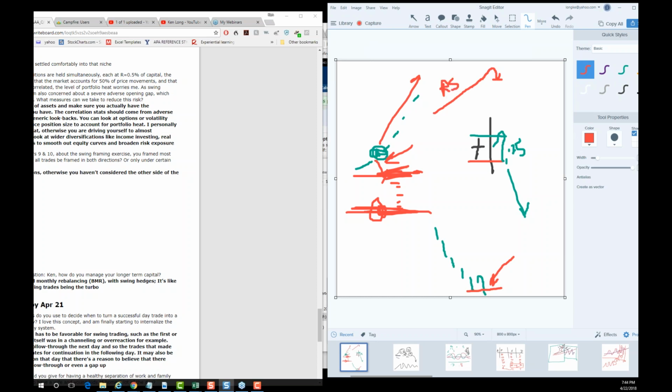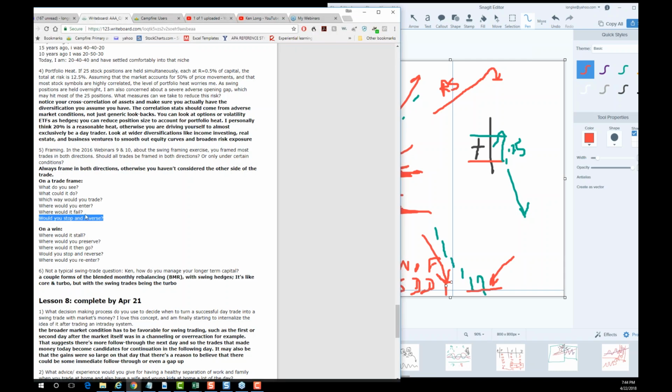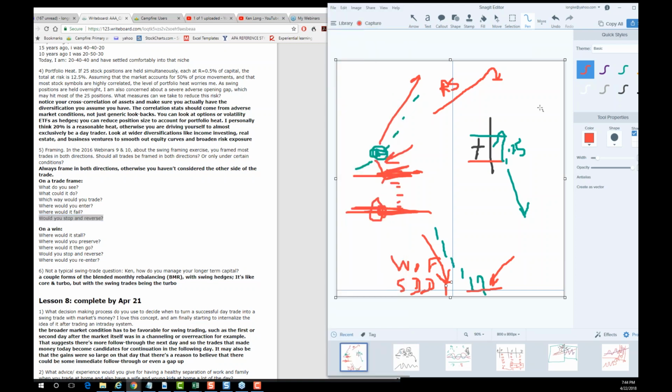Whereas in a 5-day down, or even better, in a washout pattern, a failure of a washout pattern, so that WOF or a 5DDF, those are certainly cases where the initial stop is also a good short. So I say all that just to say that when you think about whether you would stop and reverse, that answer is not always the same. It really depends on the trade that you're framing at the time.